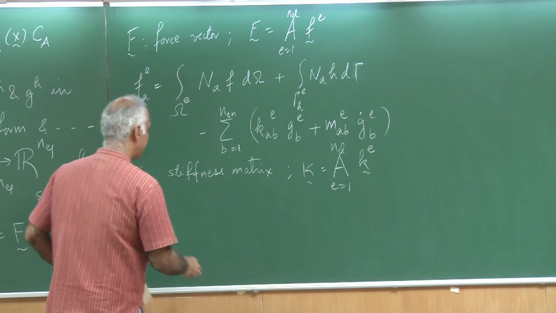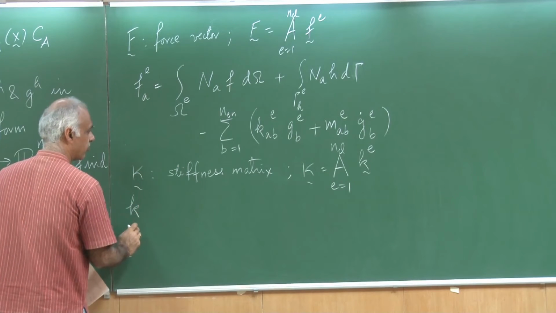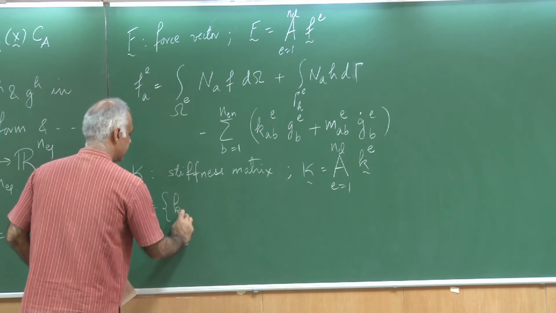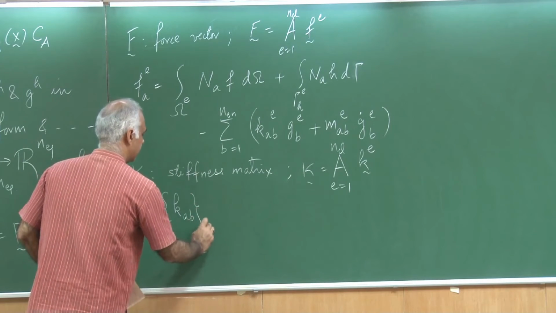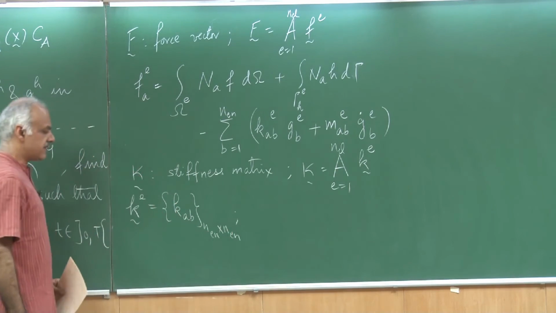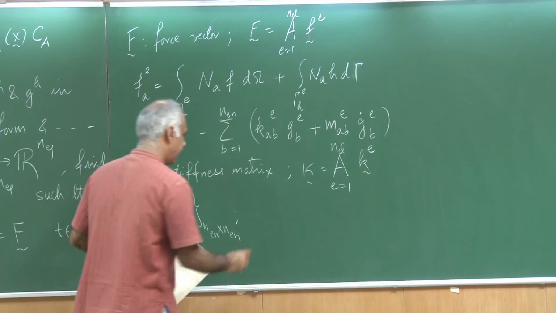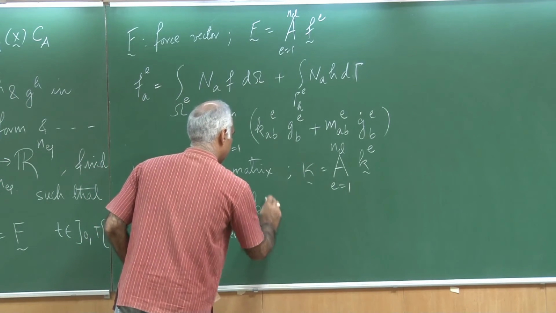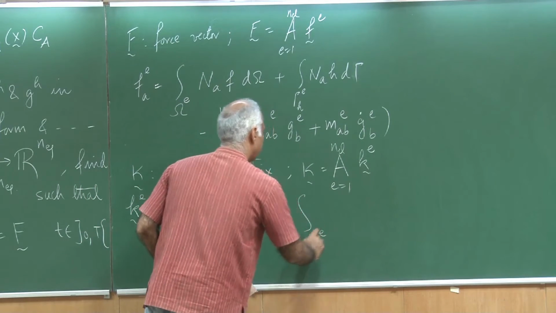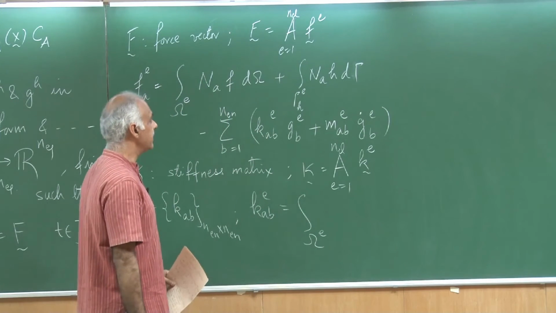So, maybe I should write that down. So, K^e has these elements K_ab, and this is NEN by NEN, and a typical K_ab, you can work this out, would be given by an integral over omega^e.